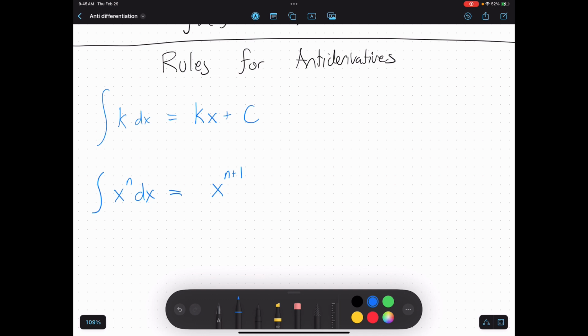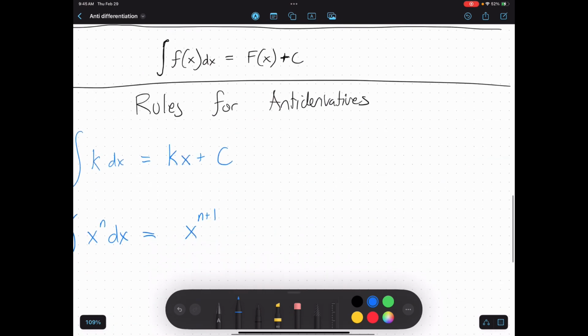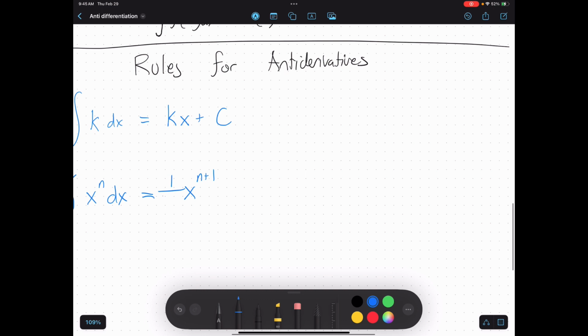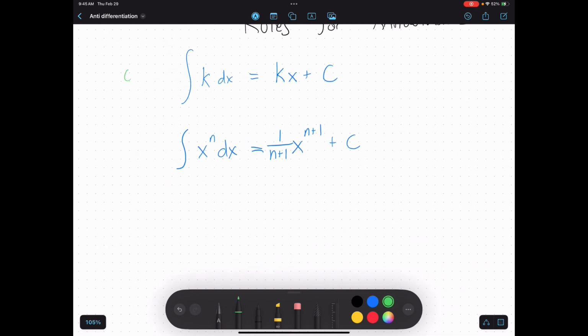Because once again, by taking the derivative of that, n plus 1 minus 1, you're going to get back to x to the n. And instead of multiplying by whatever your exponent was, I'm actually going to divide by whatever my new exponent is. And you can double check that when you take the derivative of that, you're going to end up with just 1 times x to the n. Okay, so that's my power rule. Let me keep track of this. This is my constant rule, and this is my power rule for antiderivatives.